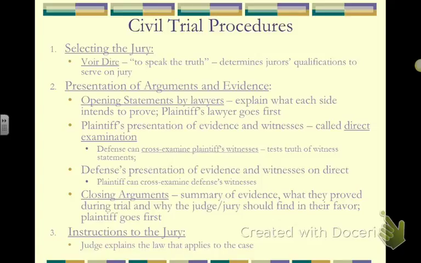For instance, in the original case we saw over here, the plaintiff was tried for attempted murder in the second degree and robbery in the first degree. The judge would explain what is meant by second degree and first degree, because there are fine details that help the jurors decide the case one way or the other.